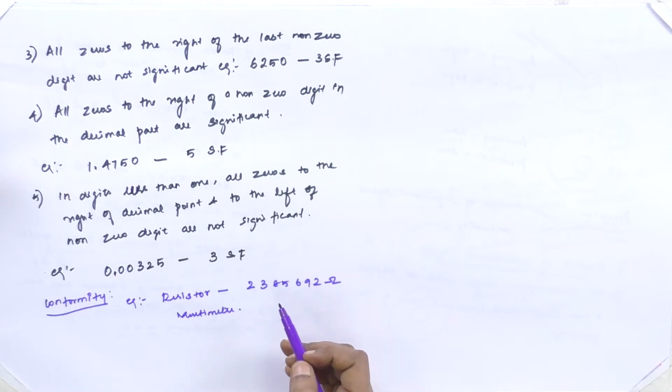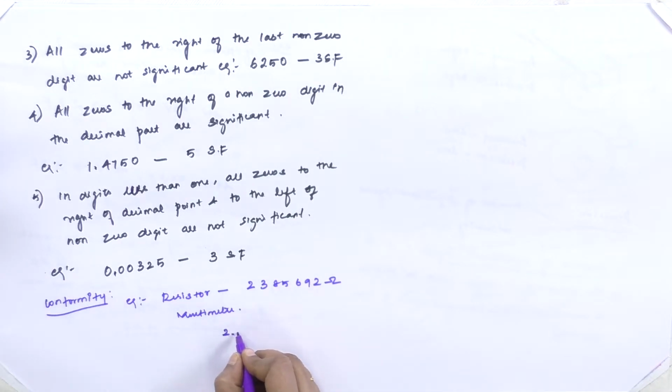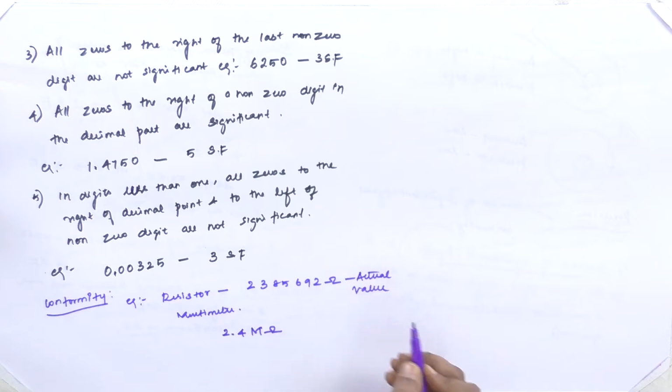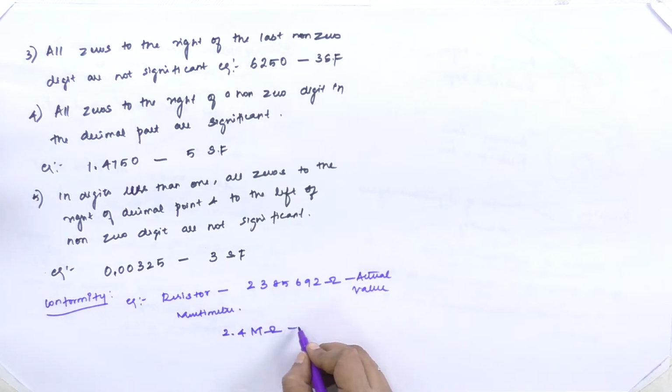But while taking the readings, the meter will consistently show the value as 2.4 megaohm. Due to non-availability of the proper scale, the resistor value is shown as 2.4 megaohm by the multimeter. But the actual value of the resistor to be measured is 2385692 ohm.